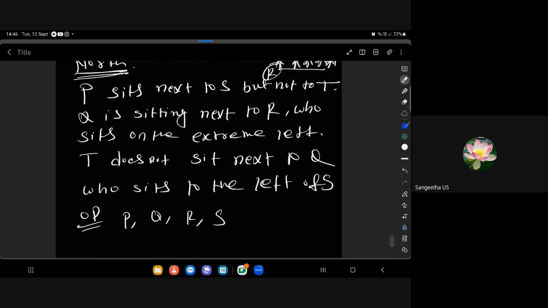Then T doesn't sit next to Q. T is not sitting next to Q. Who sits to the left of S?